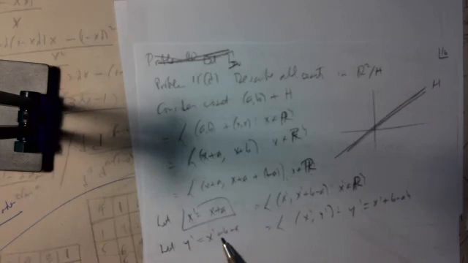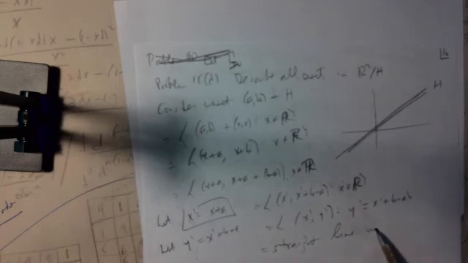This is just another straight line with slope 1 and y-intercept b minus a.